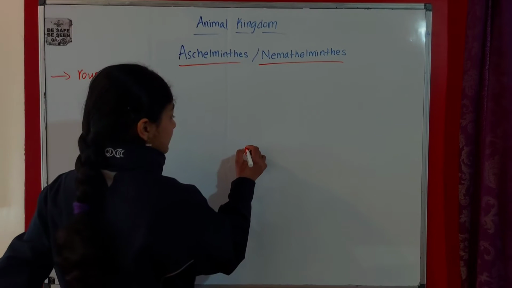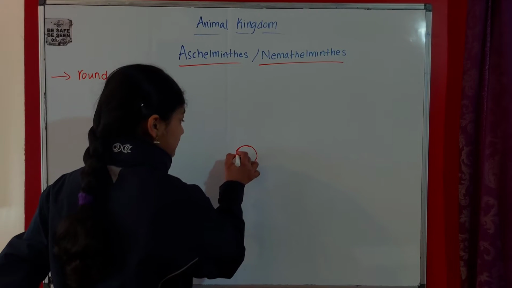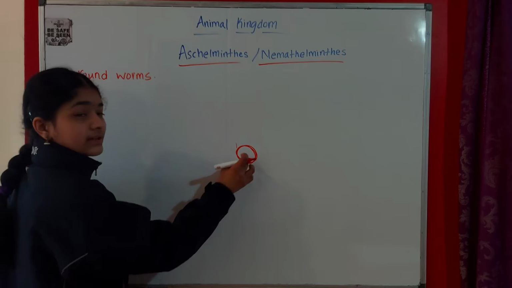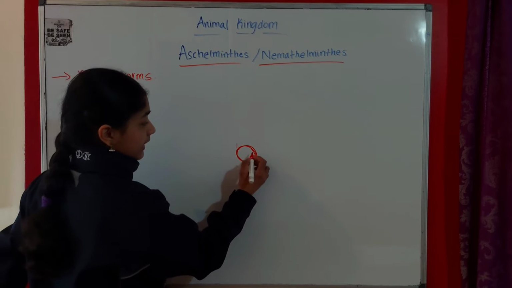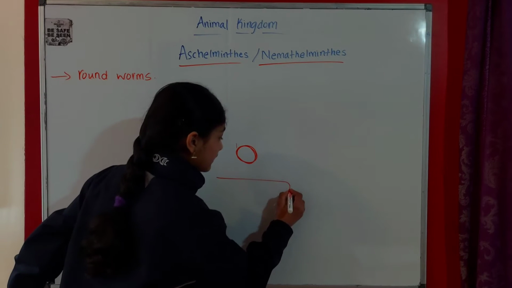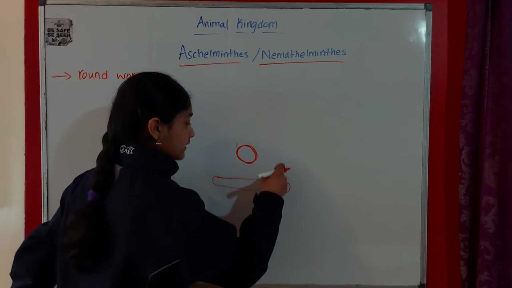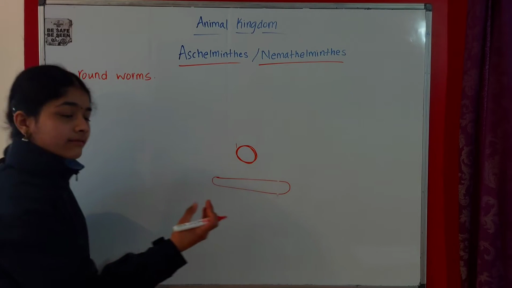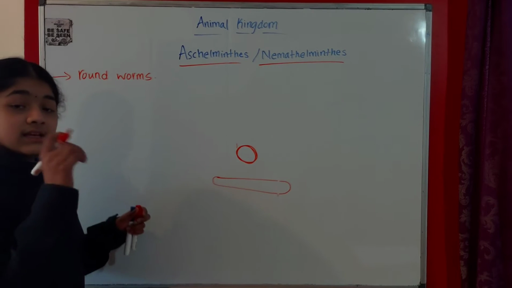So if this is the circular cross section, we are seeing it from this side. If we have a roundworm like this one and cut it like this, and turn it to this side and see, we see a circular shape.